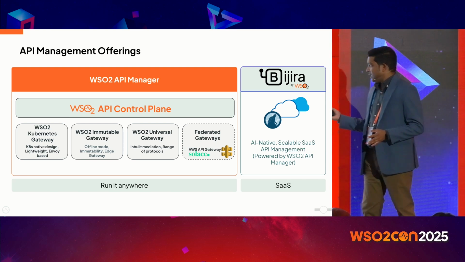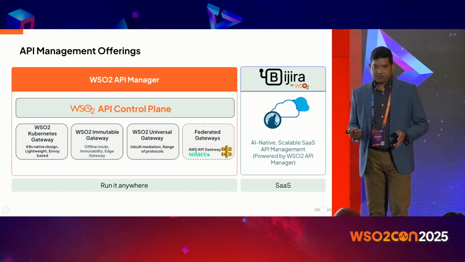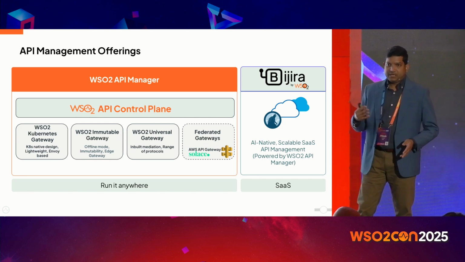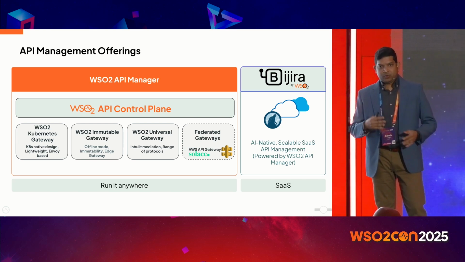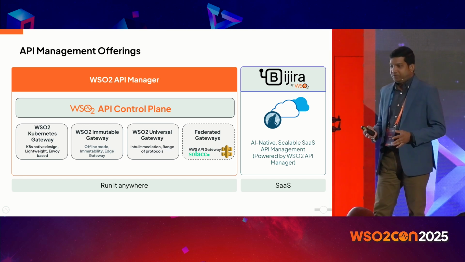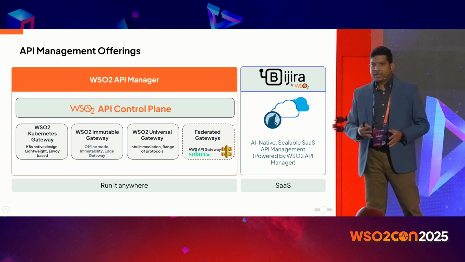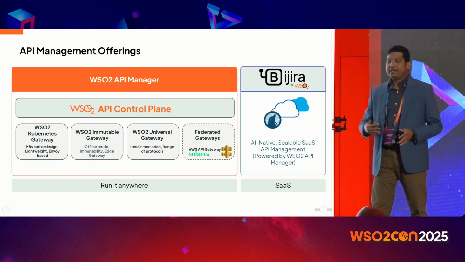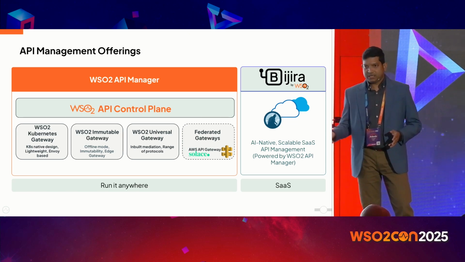So that's one angle. The second one is that with AI coming into the picture, all the domains are having AI capabilities. So we want to take AI capabilities inbuilt and enhance user experience then and there.